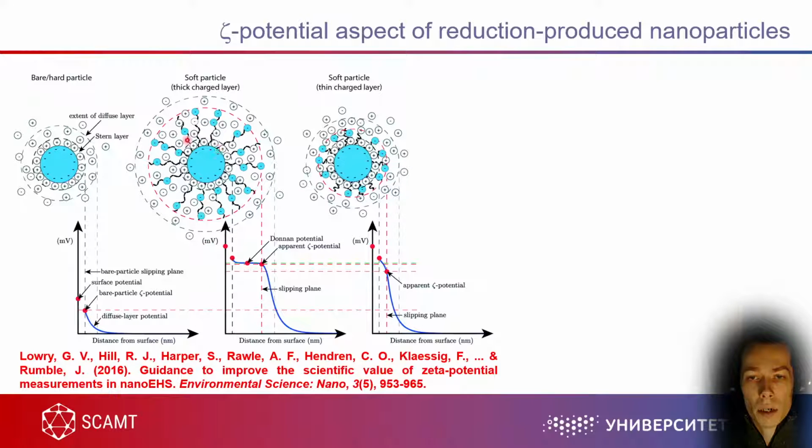But if you have some absorbed molecules on the surface of your particles, the curve will have a plateau, and next an exponential decrease. This is the case of a thick charged layer. In case of a thin charged layer, this plateau will be much smaller.